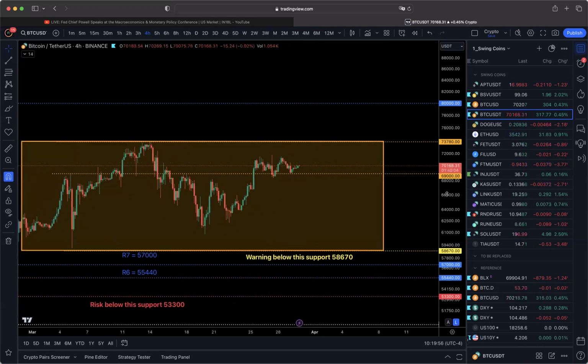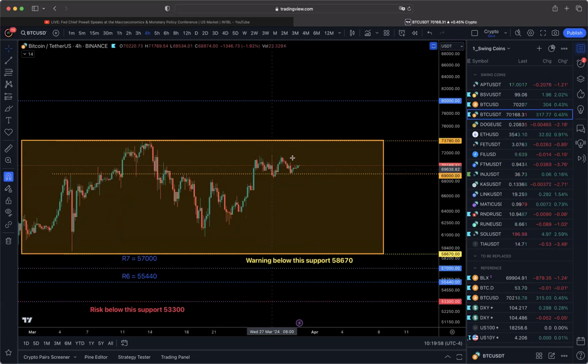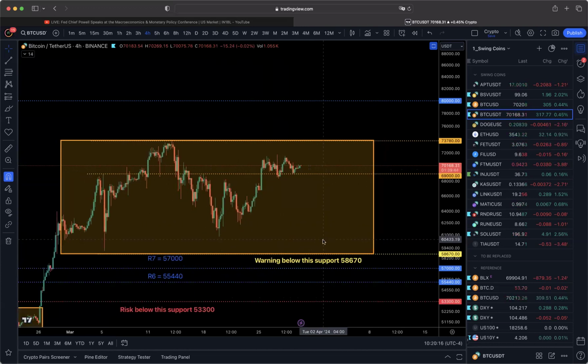If you zoom in, this structure is also a nice retest of this one, more like a fractal of this pattern on a smaller scale, and then trying to go up. So the low time frame risk is only if this is broken, and the higher level risk is only if the red line is broken, which is far away from the current level.